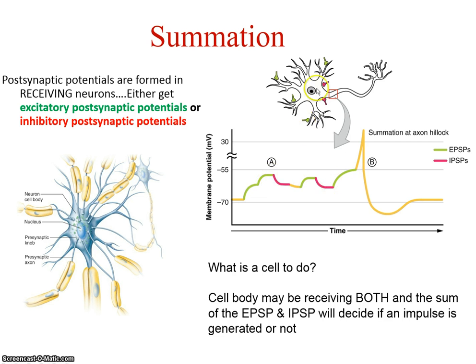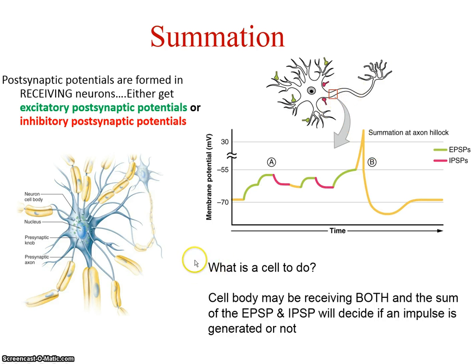But what this receiving neuron does depends on all of these added together, the negatives and the positives: negative, negative, positive, positive, positive. So if I hit threshold through this process of summation, this cell body will generate an action potential, an excitatory one, that will move down its axon.